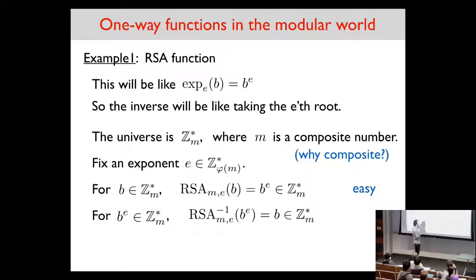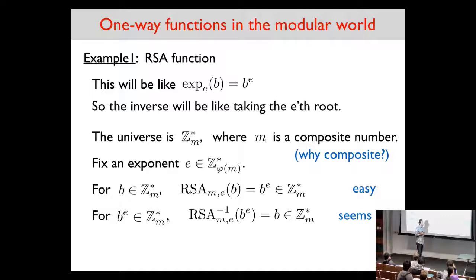Now, if I want to compute b to the e, how do I do it? We've seen this on Thursday. We've seen how to do fast modular exponentiation. So that we can do, easy.